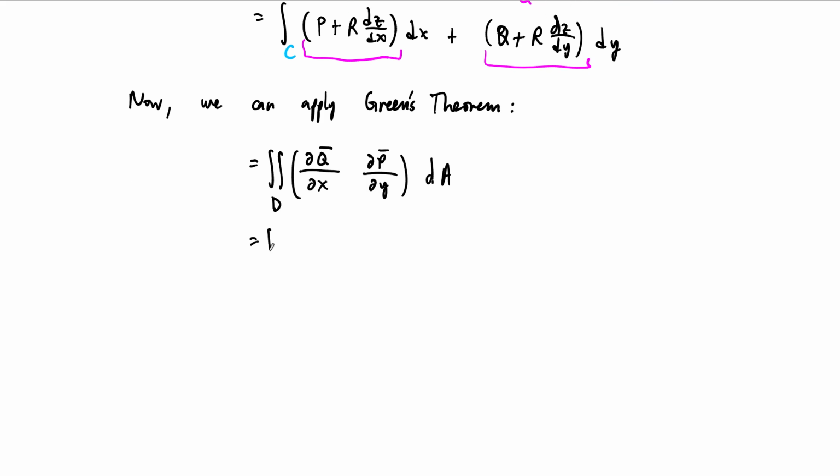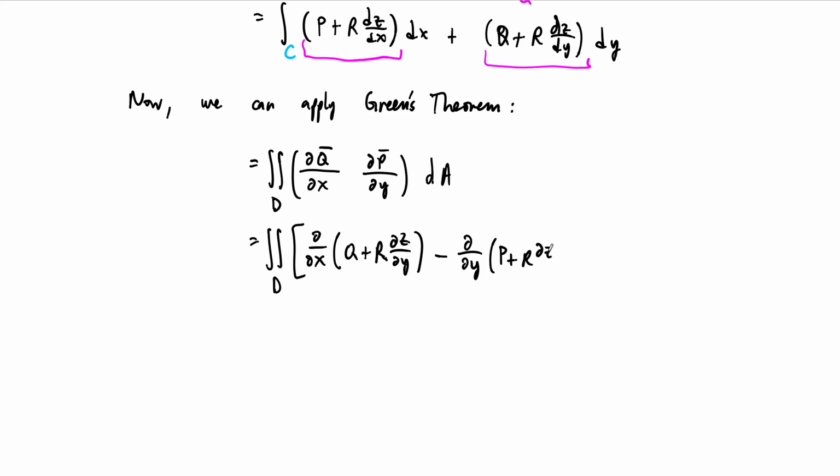So this becomes the double integral over D of dQ hat dx, which is d by dx of this whole thing, Q plus R dz dy, minus d by dy of P plus R dz dx, this whole thing integrated with respect to area.